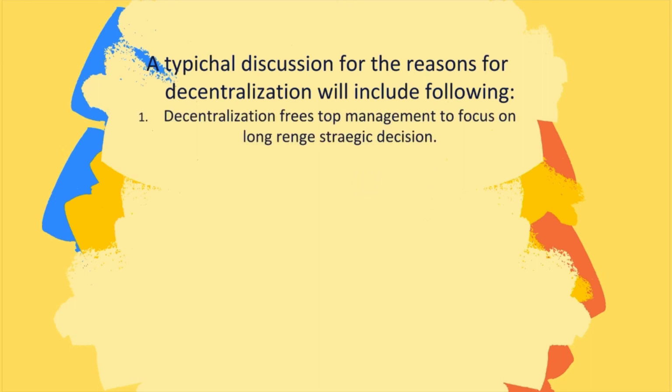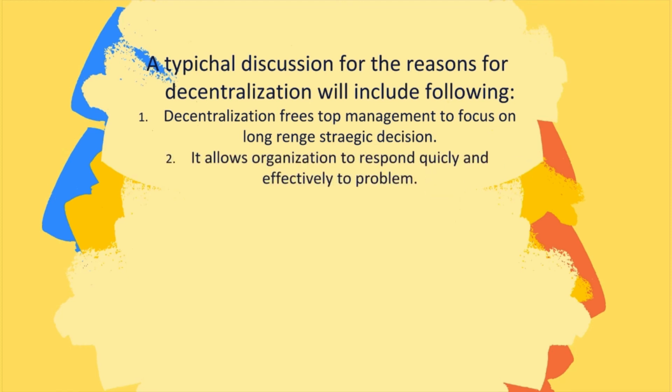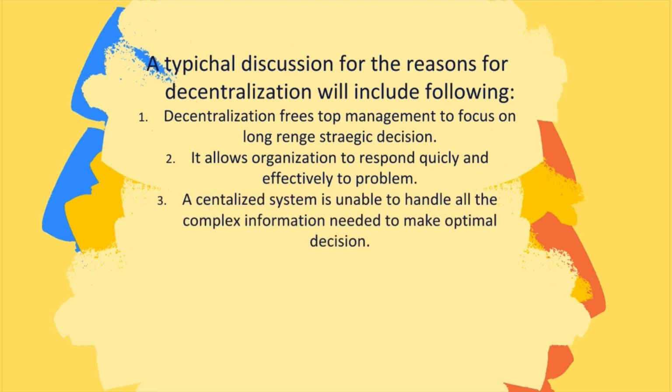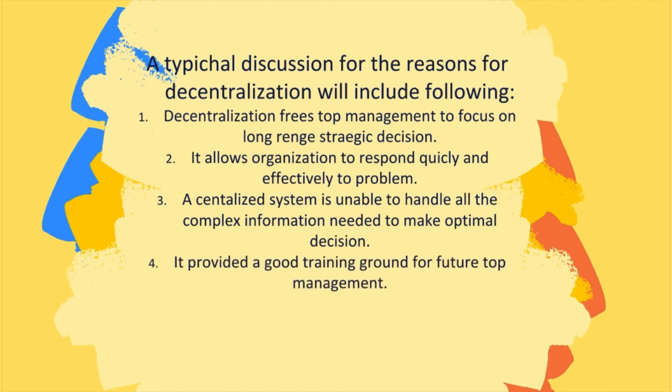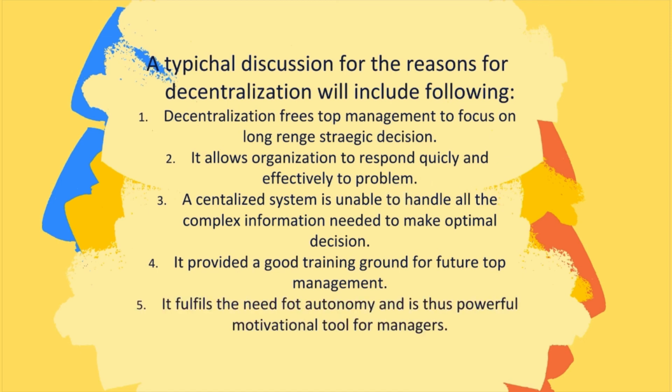First, decentralization frees top management to focus on long-range strategic decisions. Second, it allows the organization to respond quickly and effectively to problems. Third, a centralized system is unable to handle all the complex information needed to make optimal decisions. Fourth, it provides a good training ground for future top management. And the fifth is it fulfills the need for autonomy and is thus a powerful motivational tool for managers.